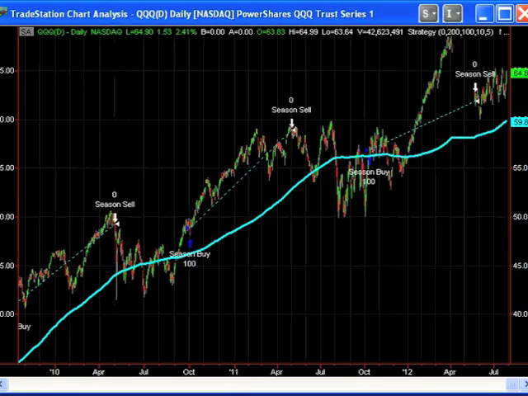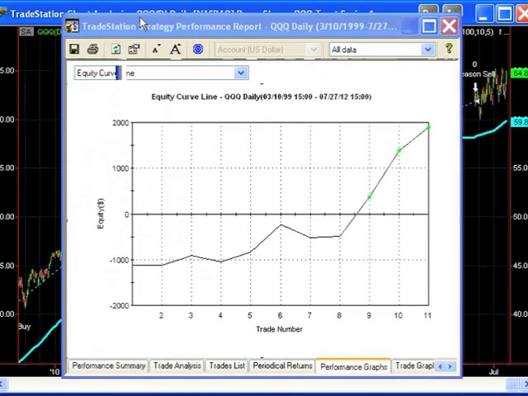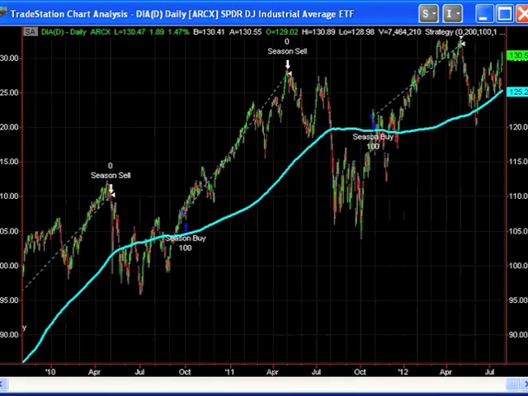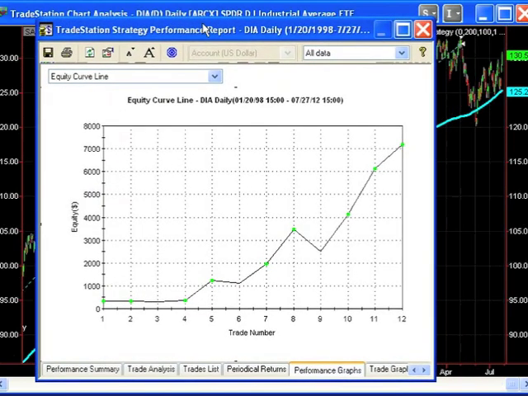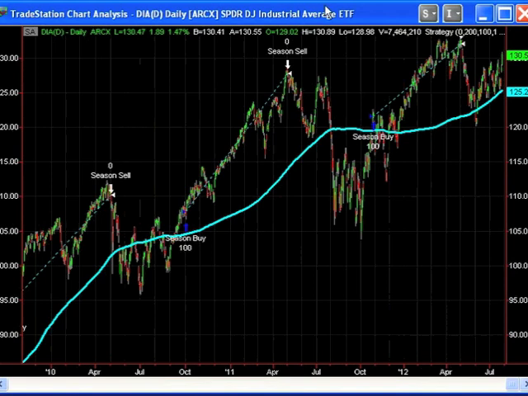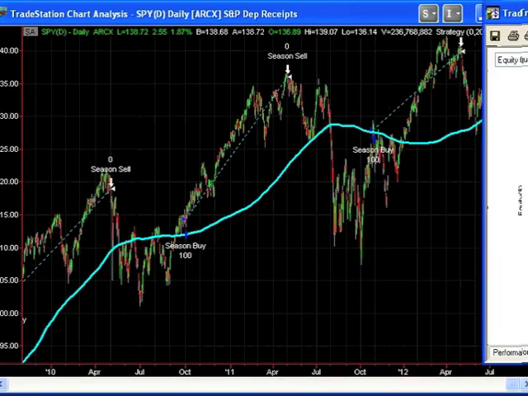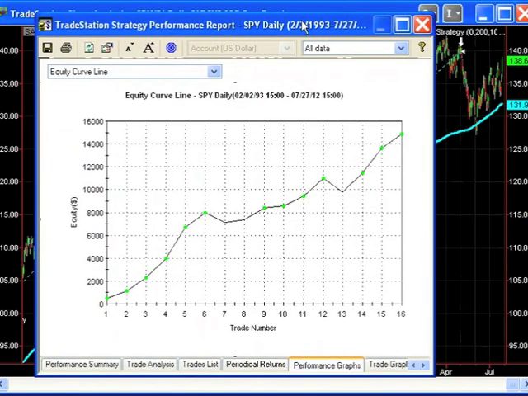You'll find that the other broader markets, such as Diamonds, this is what Diamonds looks like. Let's look at SPY. SPY looks fantastic.